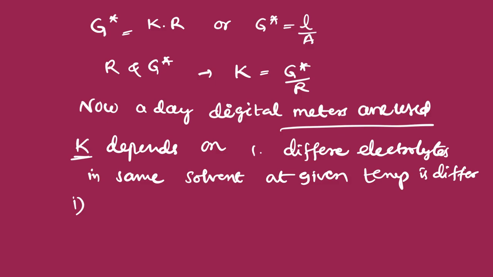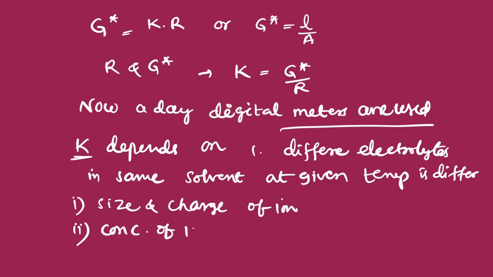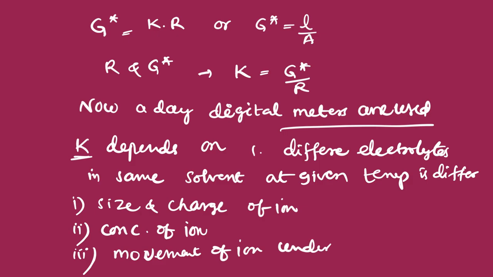Reason one, size and charge of ion. Second one, concentration of ion. Third one, movement of ion under potential gradient.